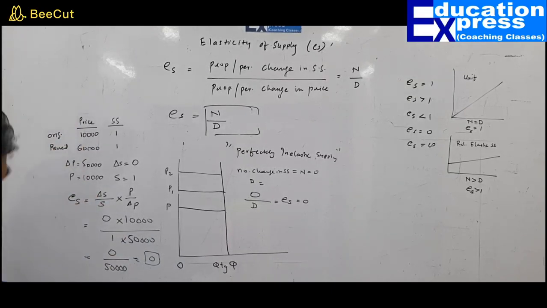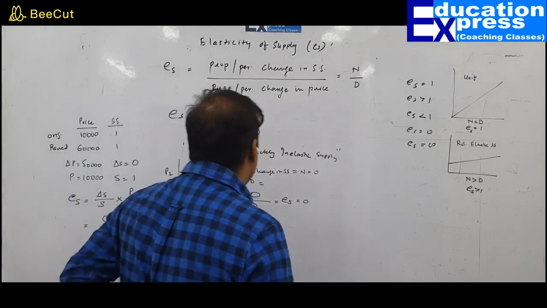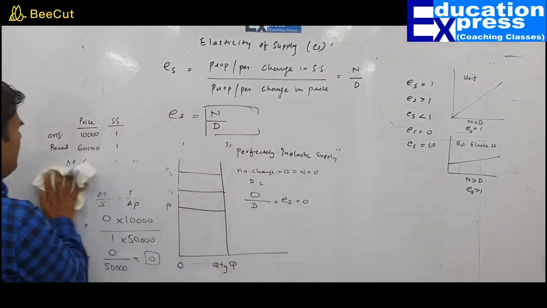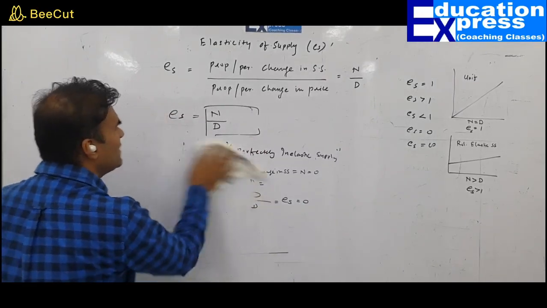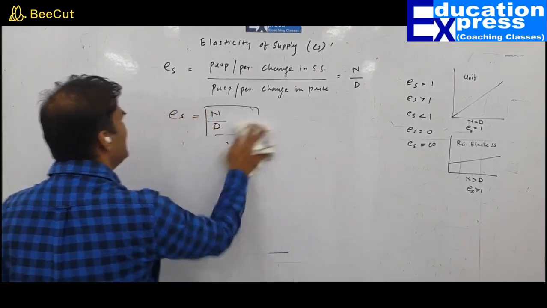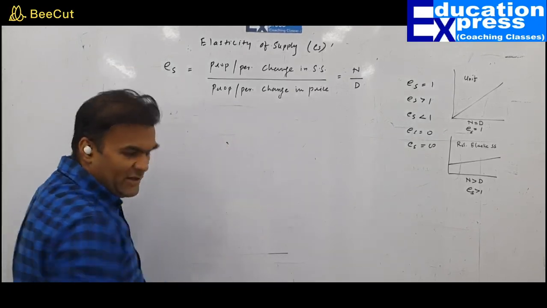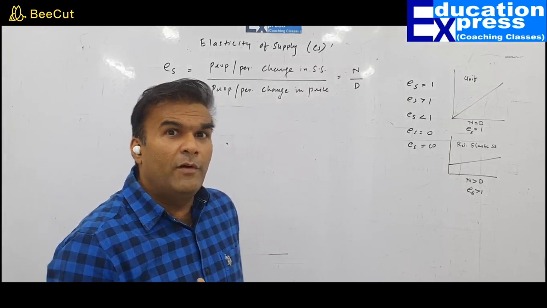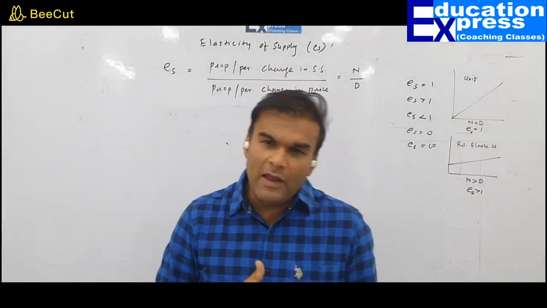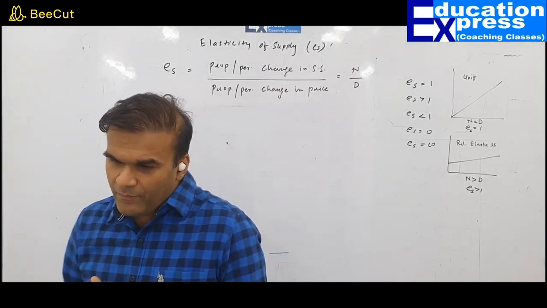The last one, the last but not the least, is perfectly elastic supply. Sir, does this concept really exist? My answer is, practically speaking, perfectly elastic supply is a theoretical concept.